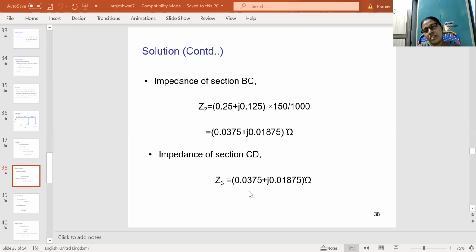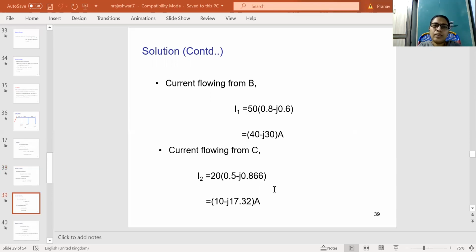And the impedance of the section CD is 0.0375 plus j times 0.01875 ohms. So I will give this value directly because the two lengths are 150, so the same answer will be Z3 also.